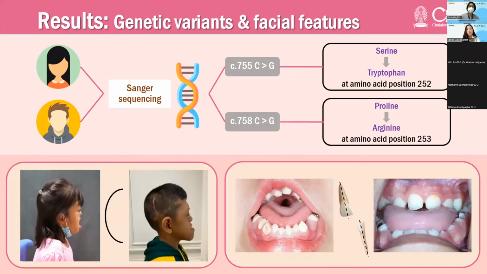About the facial features, as you can notice, the patients with Apert syndrome share common facial features, including maxillary hypoplasia, anterior open bite, proclined upper incisors, and retroclined lower incisors.